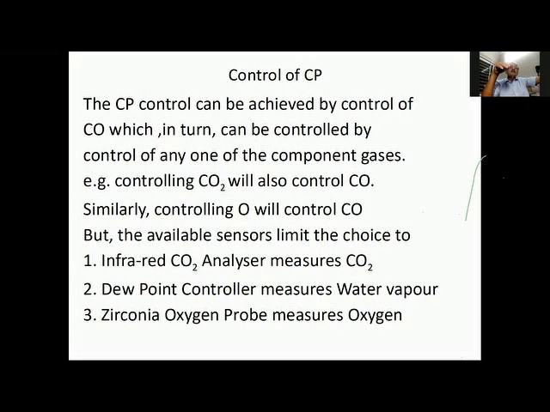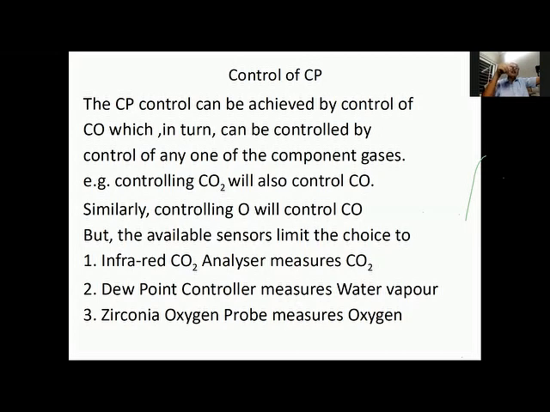But it is a valuable development, because compared to any of these above methods, the zirconia oxygen probe generates a very high EMF, typically in excess of 1100 millivolts. So to that extent, even a 1 millivolt change will give a very accurate control of the furnace atmosphere.